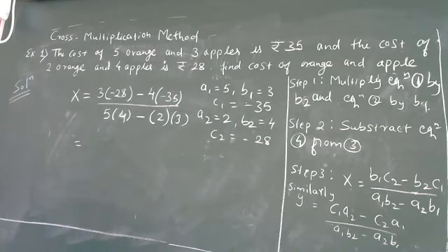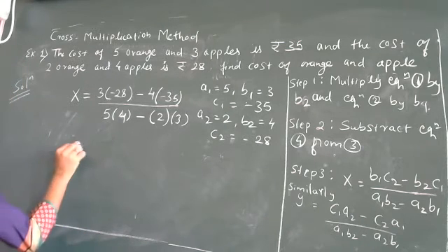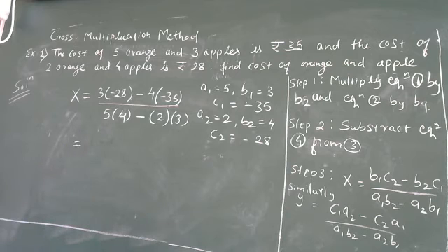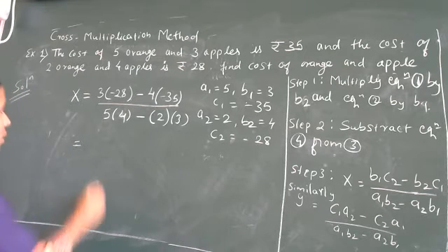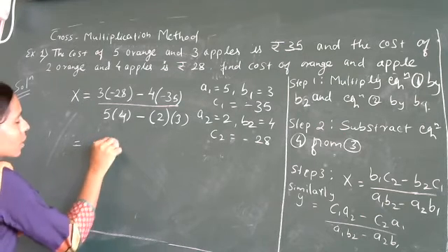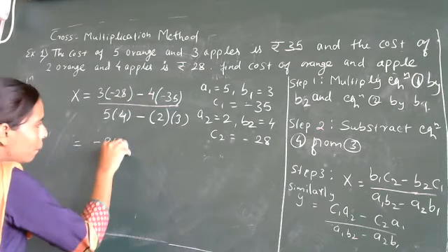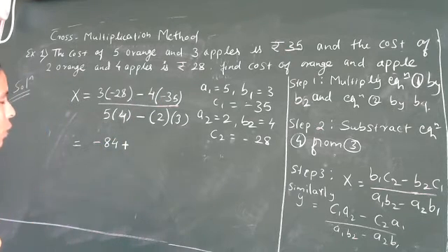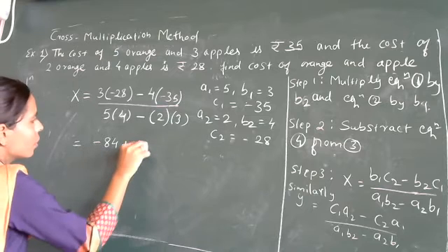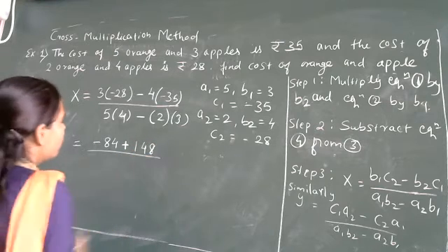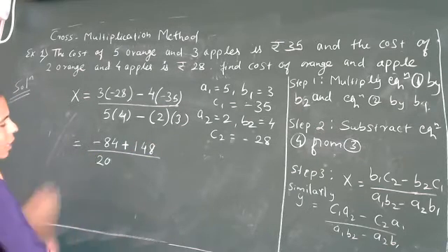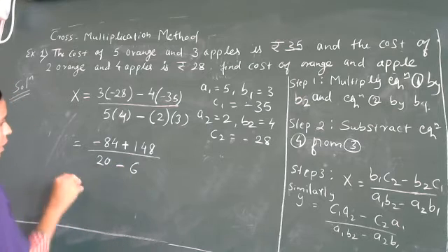Now solve it. Can you solve it? Yes, 28 is a, and 35 for the, here minus minus will get plus. Now 35 for the, 5 for the 20 and 20 to the 6.